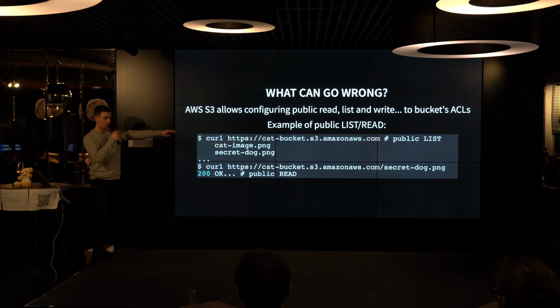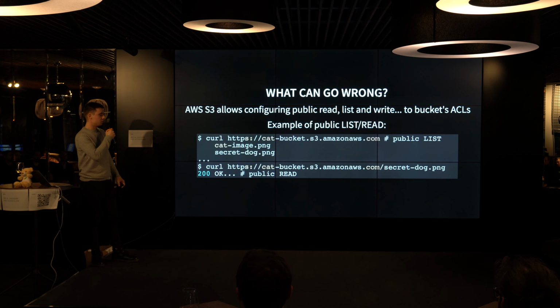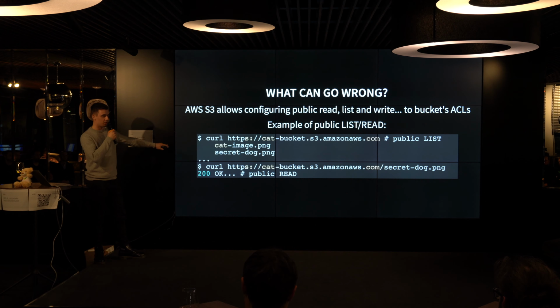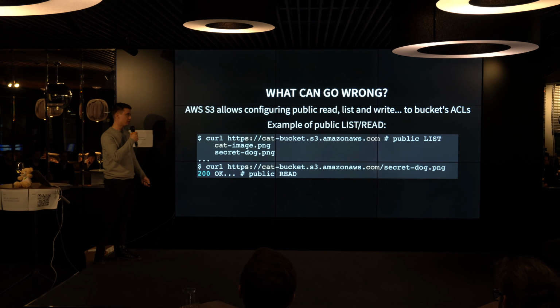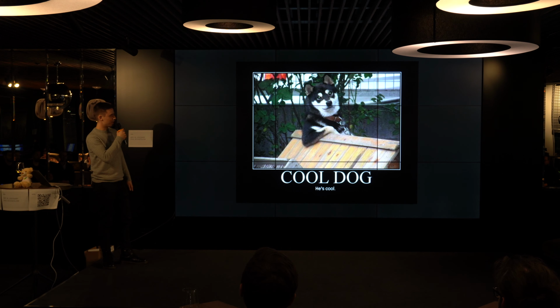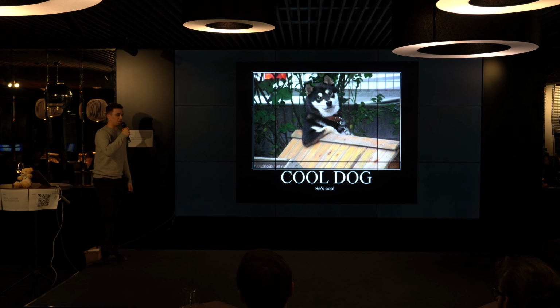Every bucket has a unique name and unique DNS record, where you can list it. In case it's set as a public list, you can just do it without any authentication. It will just list you the contents, and then you can get the secret dog. You will get something like this, which is probably not the thing you wanted third-party people to know, especially when they are doing some vendor assessment on you.